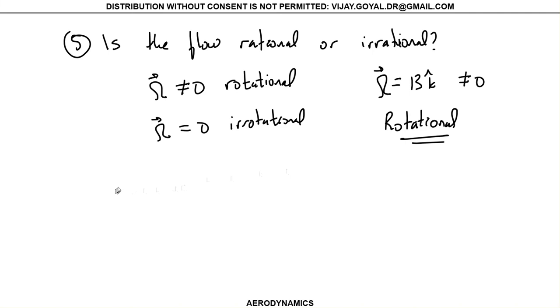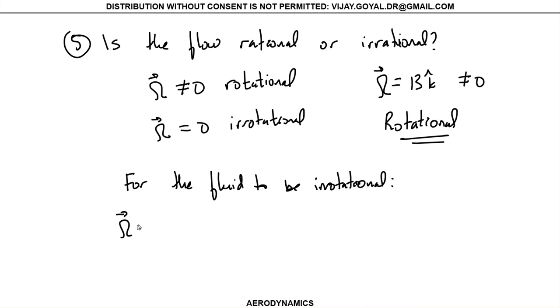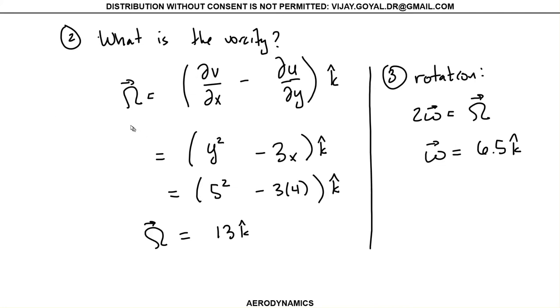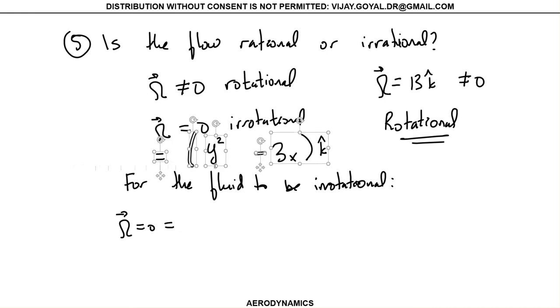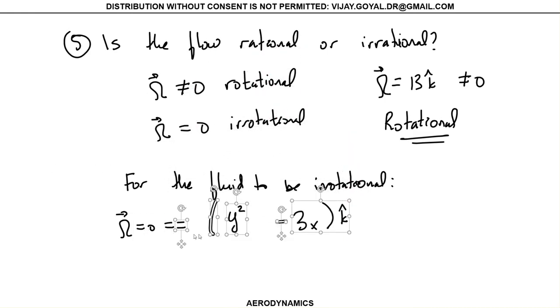Okay. Now, for the fluid to be irrotational, we will have to have this equal to 0, which actually consists of taking this term right here and setting that completely equal to 0.